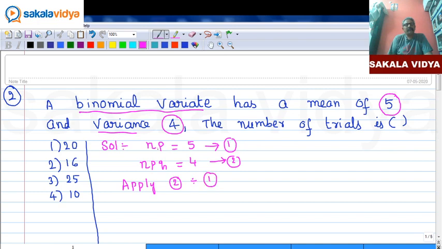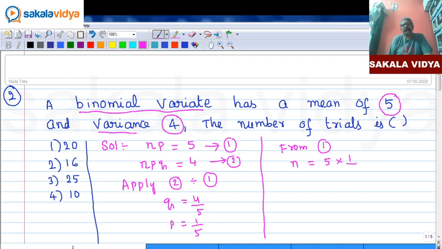So, npq by np, directly I am writing q is equal to 4 by 5, p will be 1 minus 4 by 5, that is 1 by 5. Now, from 1, n we need 5 by p, or 5 into 1 by p, that means reciprocal of this p, 5 into 5 equals 25. So, that means third option. Yes, right, wonderful.